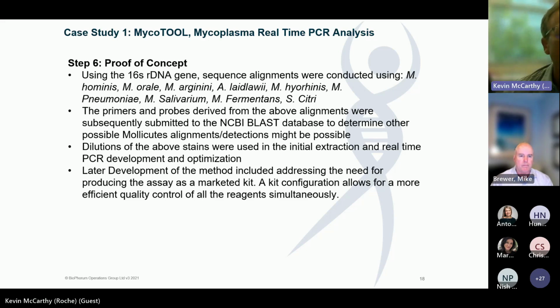The primers and probes derived from the above alignments were submitted to the BLAST database to determine what other Mollicutes strains we could possibly detect with the primers and probes.